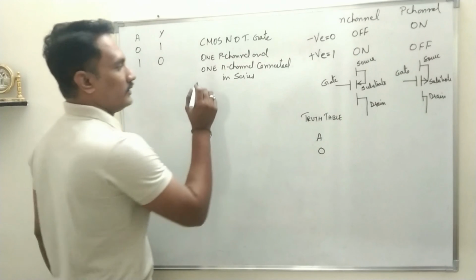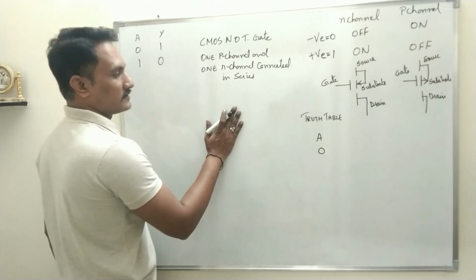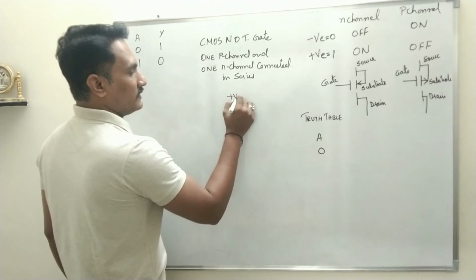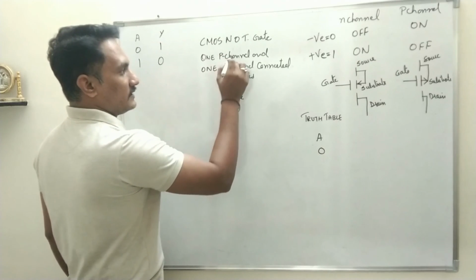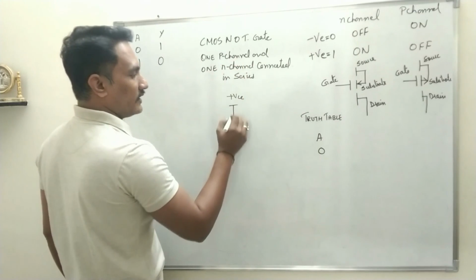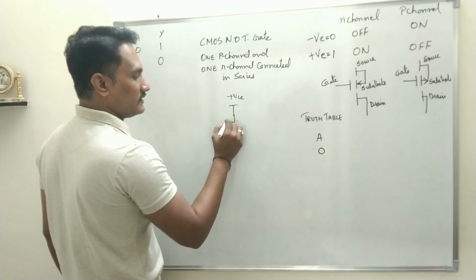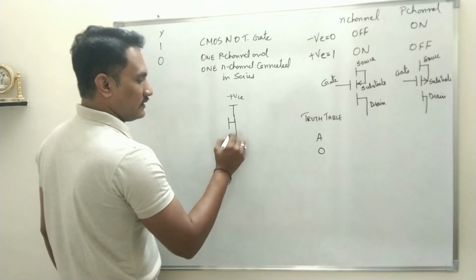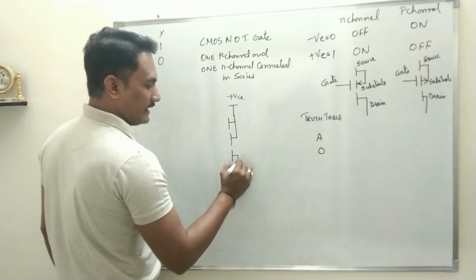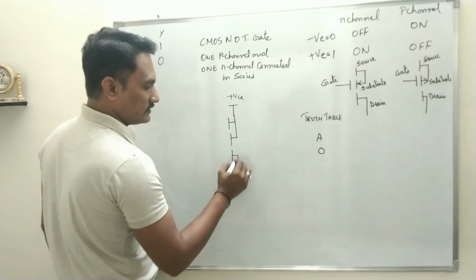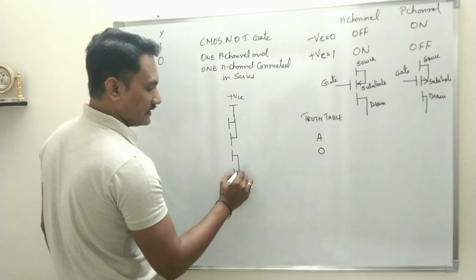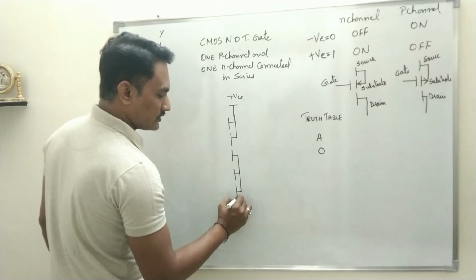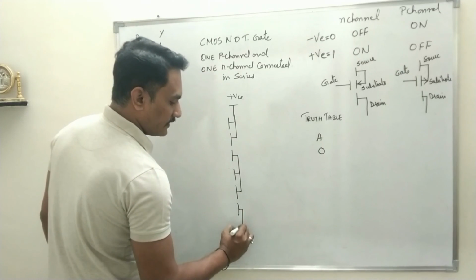So now let us try to understand the construction part. Positive, as I said, one P channel and one N channel connected in series. Source, substrate, drain, series. So this drain will get connected to the source of the next, source connected to substrate, and drain connected to ground.